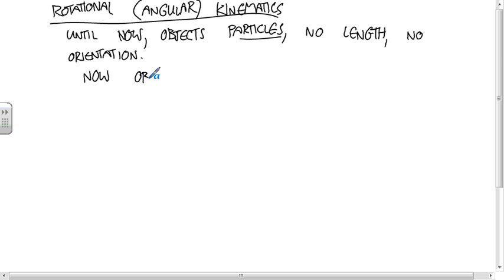Now we are going to consider object orientation. And so this is the first time, if you think about it, it seems a little funny. It seems like an important thing.